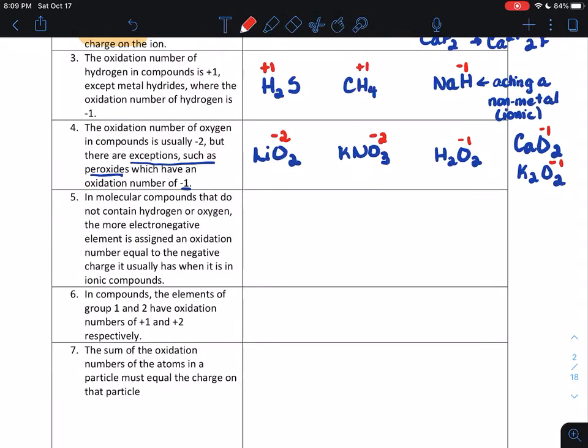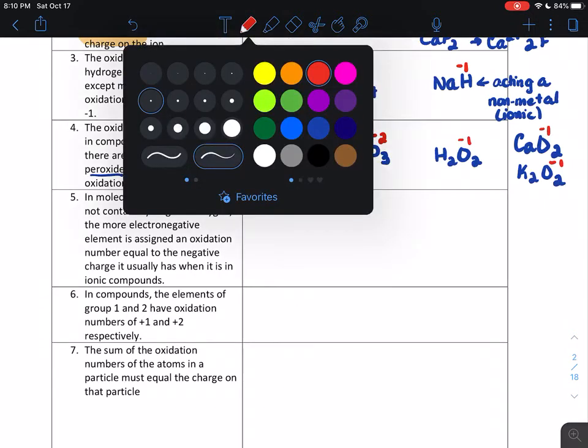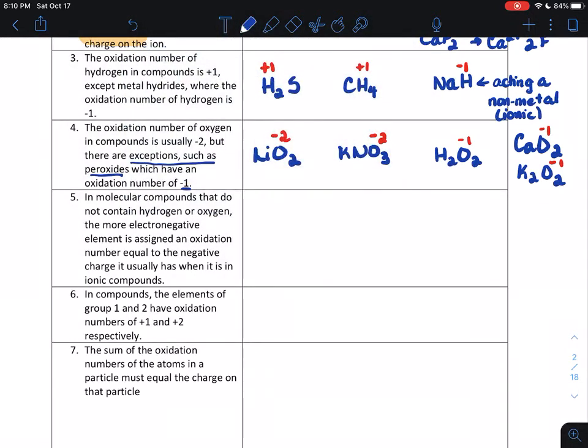So this would be, again, oxidation number of -1. So again, they're going to be ionic substances. You see them with oxygen and you see something is wrong with this formula, and then you look to see if it's a peroxide. Again, 99% of the time, you're not going to encounter that. Most of the substances you're going to encounter, the oxygen is going to be -2 for its oxidation number.